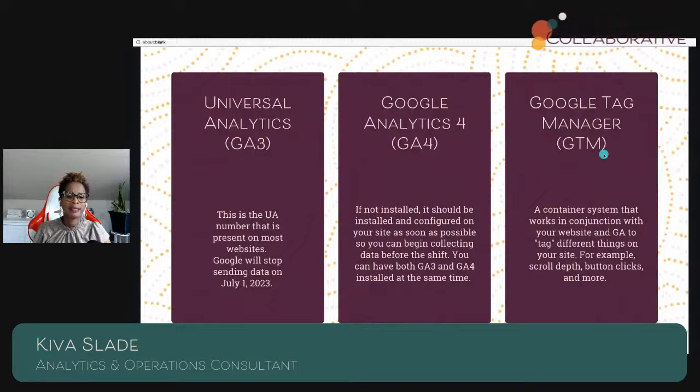Another component to that is Google Tag Manager, which works in conjunction with both of these and really is like a container system to tag different things that take place on your website. For example, scroll depth, which is something that my client was like, what? But she loves to put a video on certain things, especially different funnel pages.